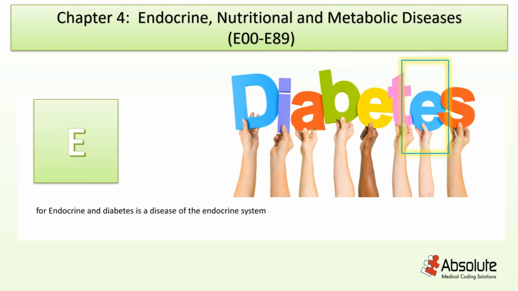Hear that long E in diabetes? Diabetes is probably one of your most common endocrine diseases that you'll be coding for. So when you think of E, think of diabetes and think of any endocrine related disease.